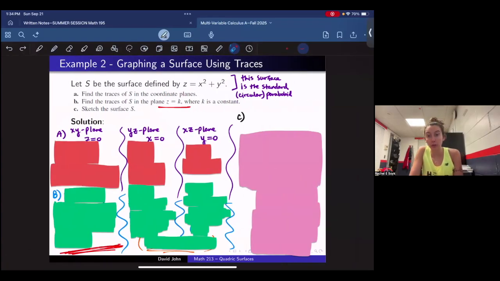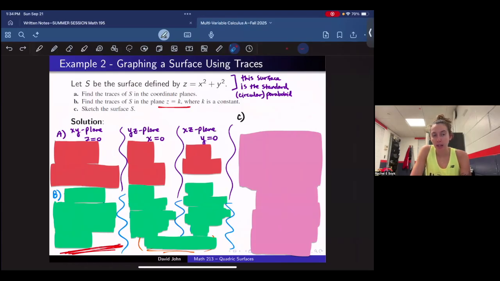There are 3 parts in this example. Let S be the surface defined by z equals x squared plus y squared. And we find that this surface is the standard circular paraboloid. Again, you'll be able to see some visuals real soon.